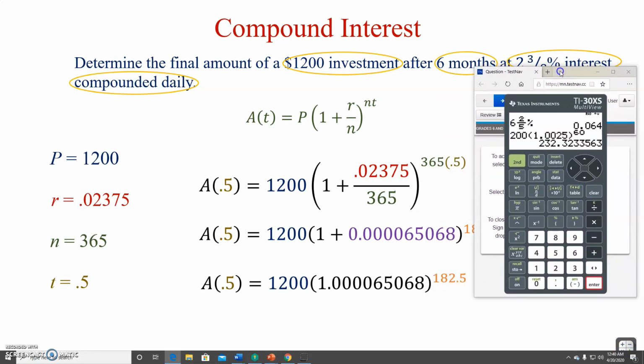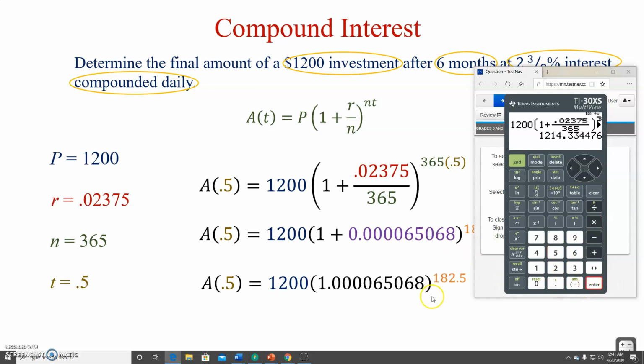That original one was 1,200, let's clear this, 1,200 times 1 plus, that's our fraction, 0.02375 over 365. Move my cursor over, close the parentheses, there's the caret, raise it to 365 times 0.5.